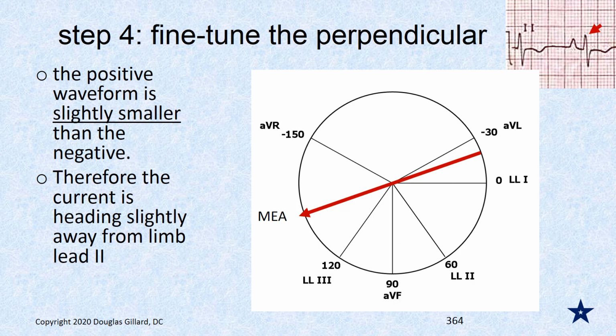Fine-tune the perpendicular. We said that the positive waveform is slightly smaller, so therefore it's off a little. And that might be even a bit pushing. In reality, it might be more like that. But it's definitely to the right of 120. So you're looking at 130 or something like that.